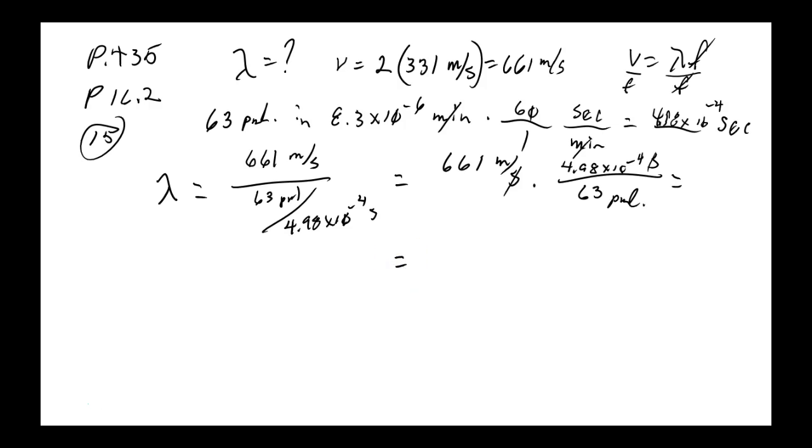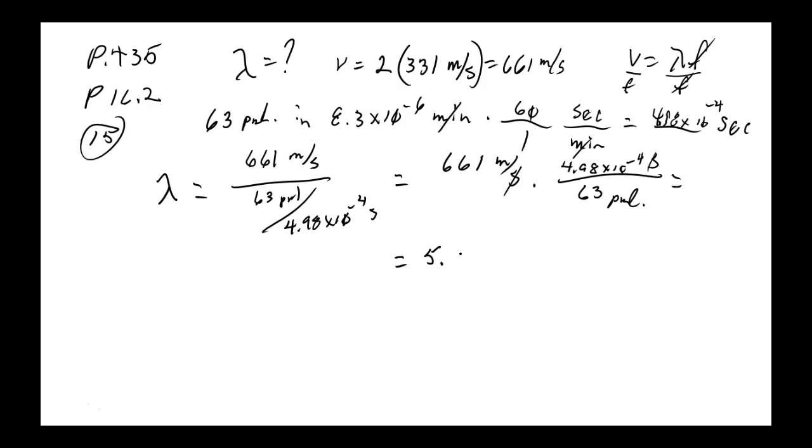So that's going to be on the order of 5 times 10 to the minus 3, somewhere in that ballpark. I got 0.005, so it is 5 times 10 to the minus 3.